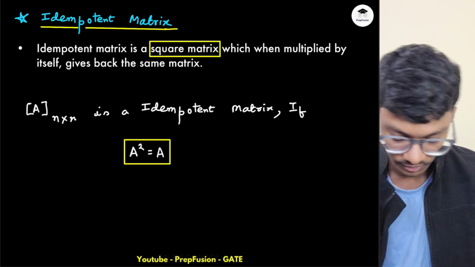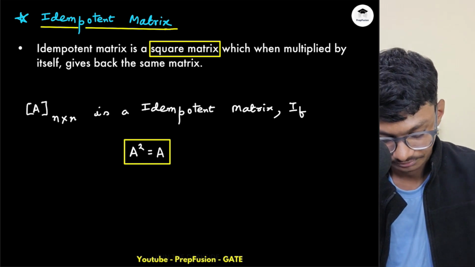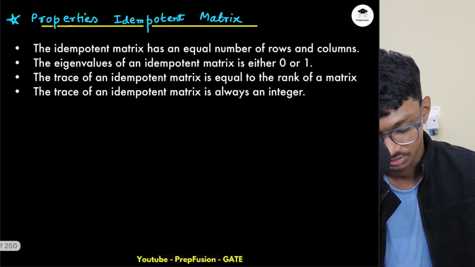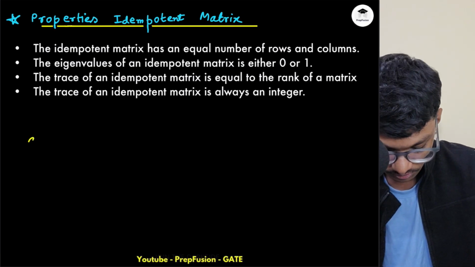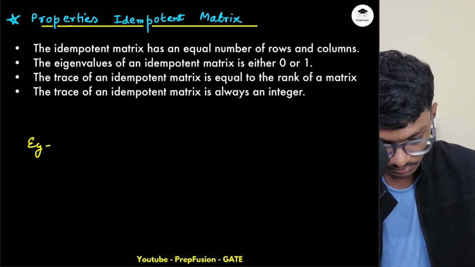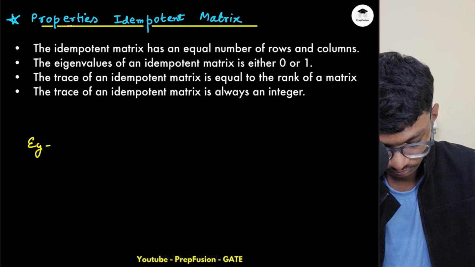So let me take a 2 cross 2 matrix, and from there we'll understand with an example.